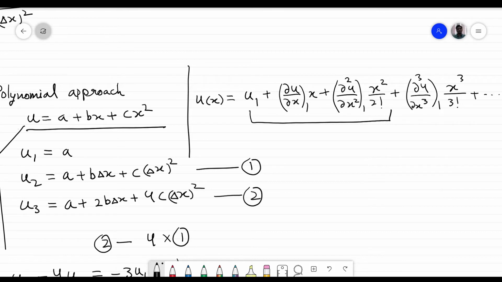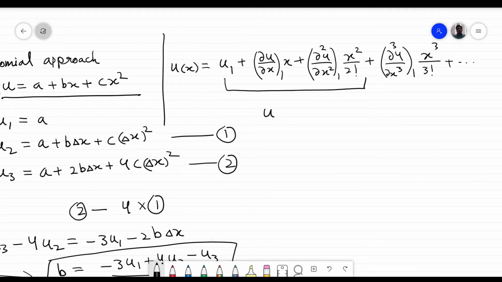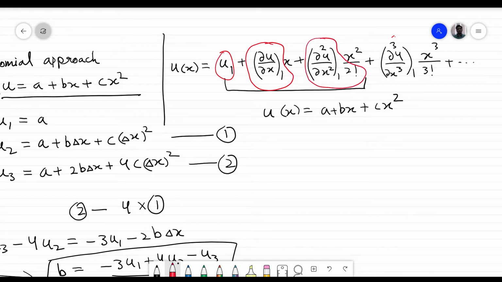Okay, so in other words, for points close to the boundary point, essentially we are saying that u of x is the first 3 terms, that is a plus bx plus cx square, where a is u1, b is dou u by dou x1 and c is, let me mark these, this is a, this is b and this is c.